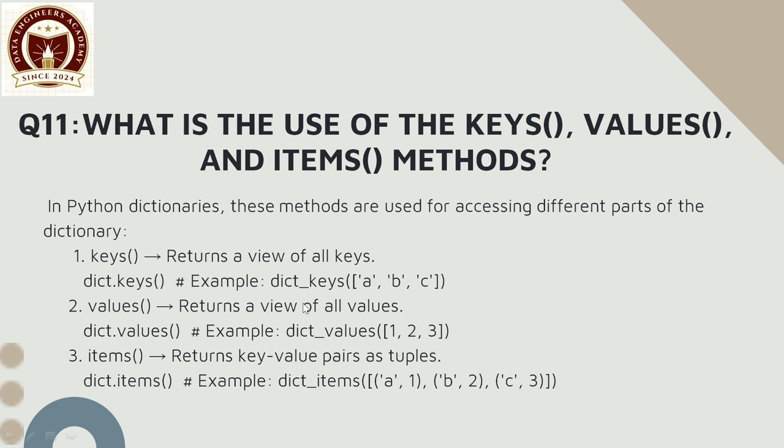Values returns a view of all values: dict.values returns all values in the dictionary. Items, as I said, keys and values together are called items, and it returns the key value pairs as tuples. Dict.items will get the key value pairs as tuples in this format.